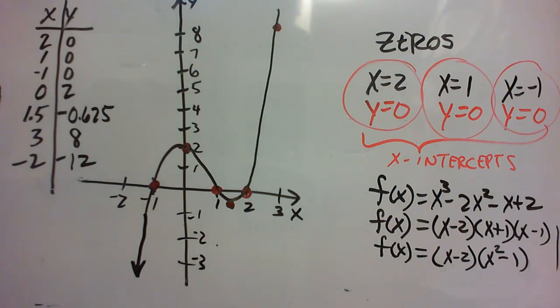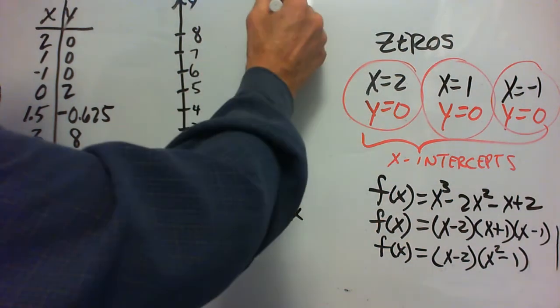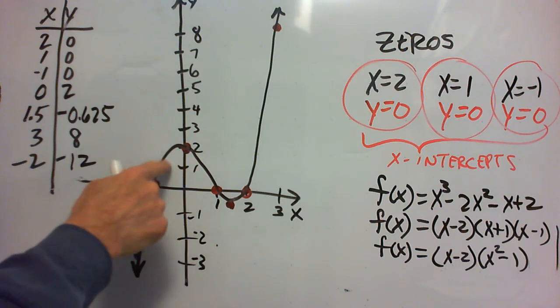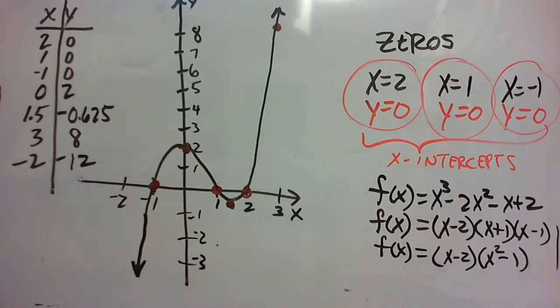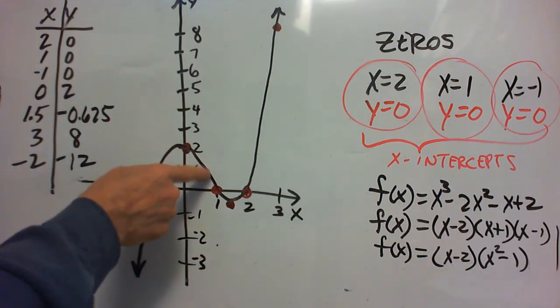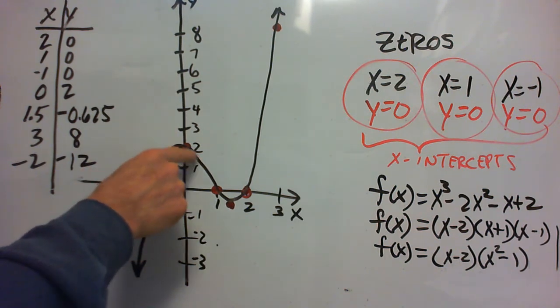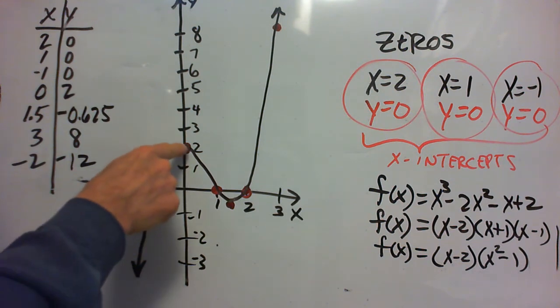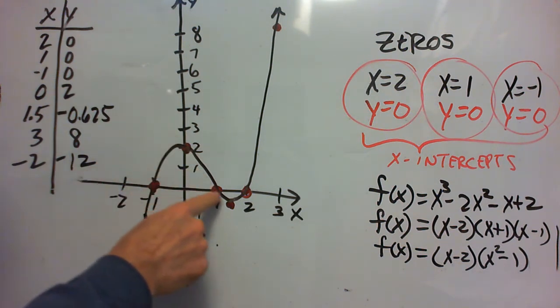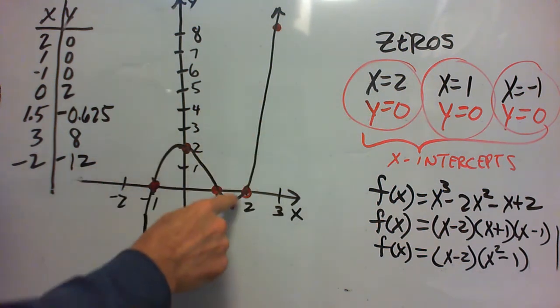Some students ask, well, how do I know how high this graph goes or how low this graph goes? How do we find the equivalent of the vertex, from parabolas? And the answer to that is we have to use calculus to identify the exact value that this graph maxes out or bottoms out.